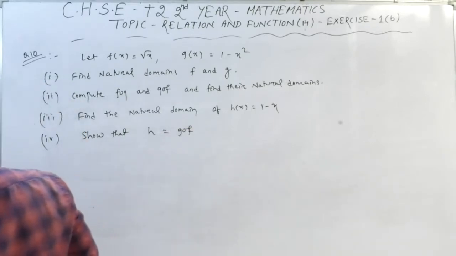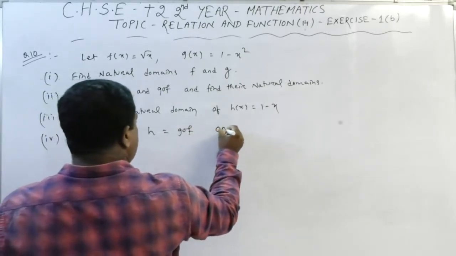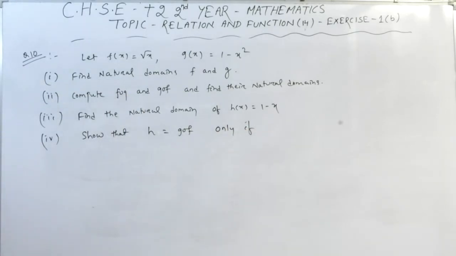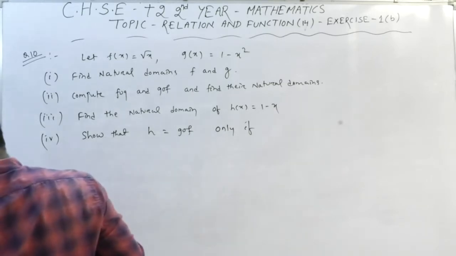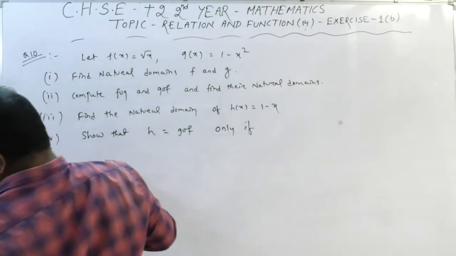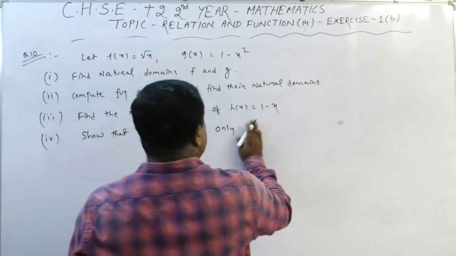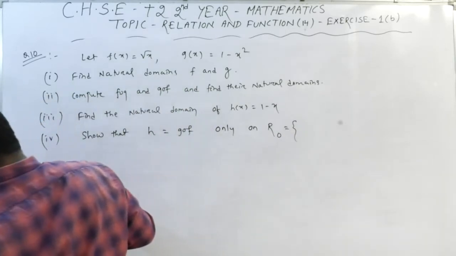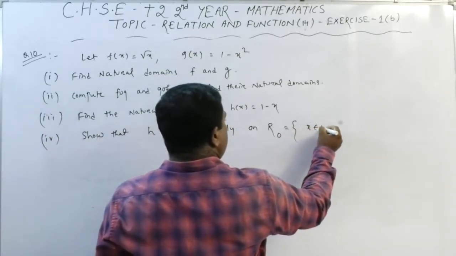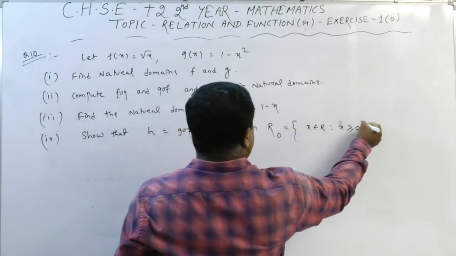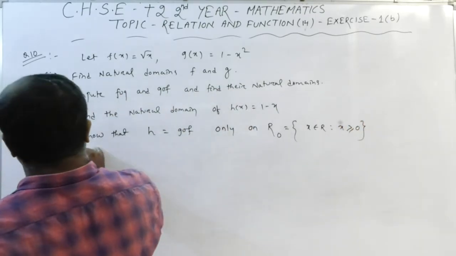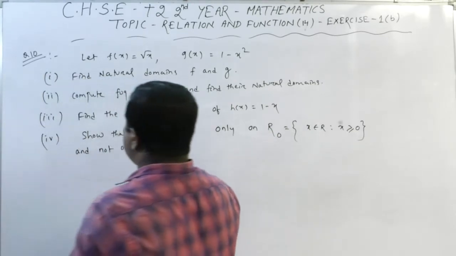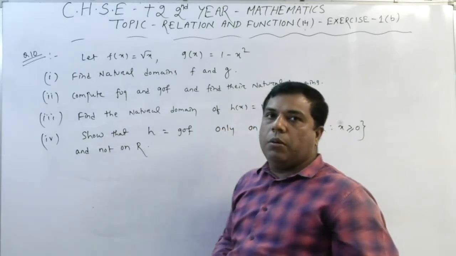The functions are equal only if it is given only on R0, where R0 indicates x belongs to R such that x is greater than or equal to 0, and not on R. Okay, so this is concerned with question number 10.